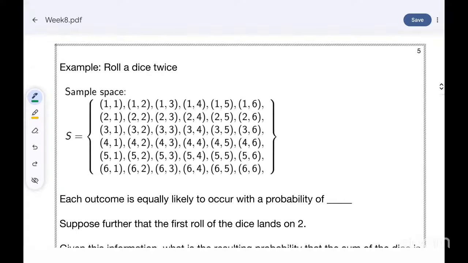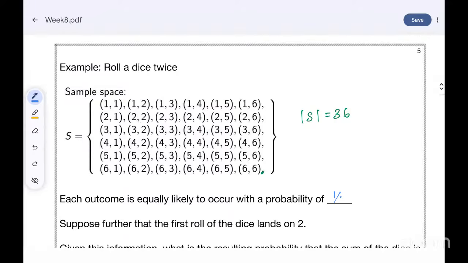Okay. So now this is a common example you take. Roll a dice twice. So in that case, you know that this is the sample space. What is the total number of elements in this sample space? 36. So the number of elements in S is 36. Each outcome is equally likely to occur with the probability of 1 by 36.